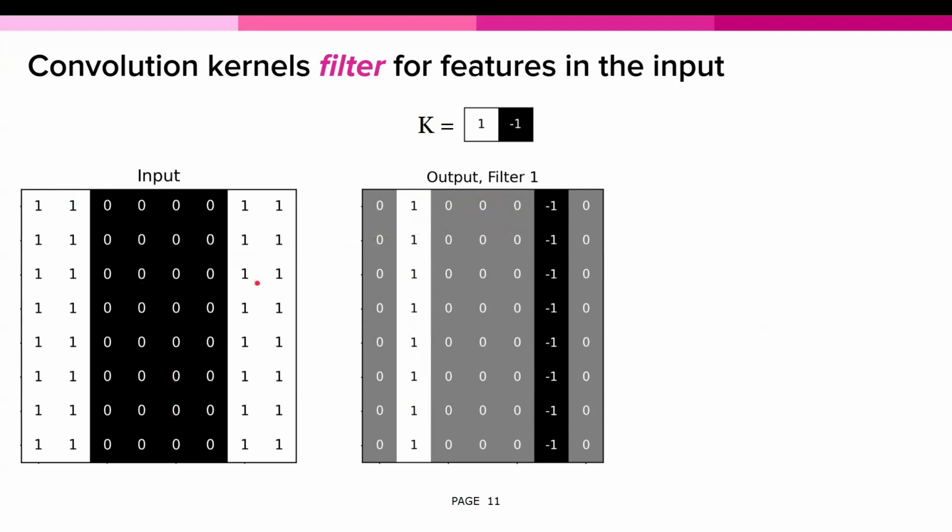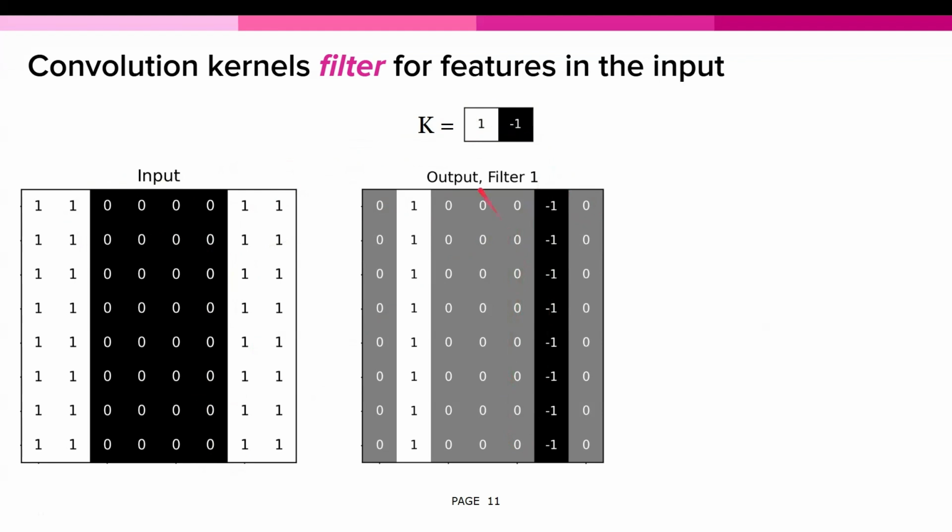These non-zero values highlight the transitions between regions of ones and zeros. This is because the regions are either positively correlated with the kernel, as in this case, or negatively correlated, like at the other edge.